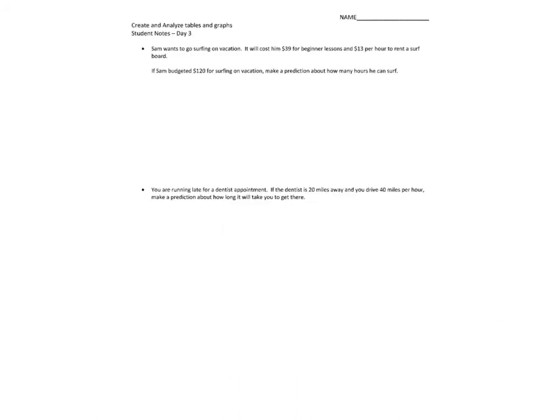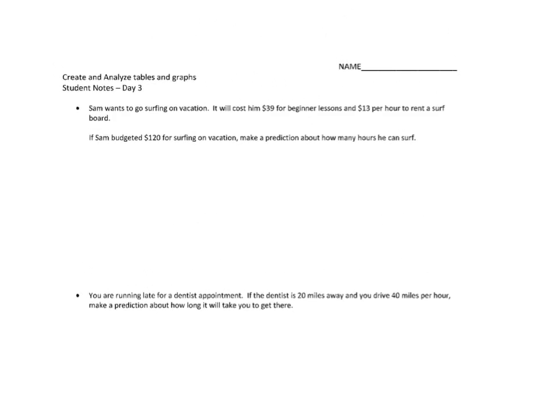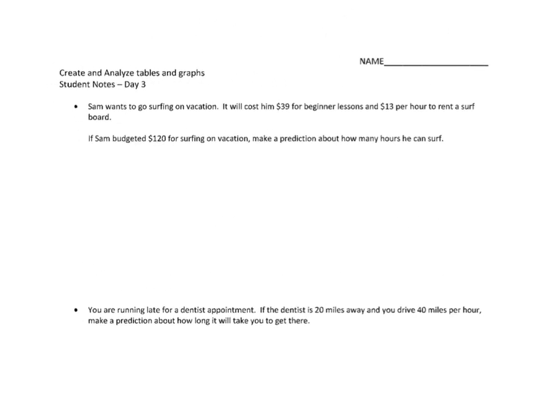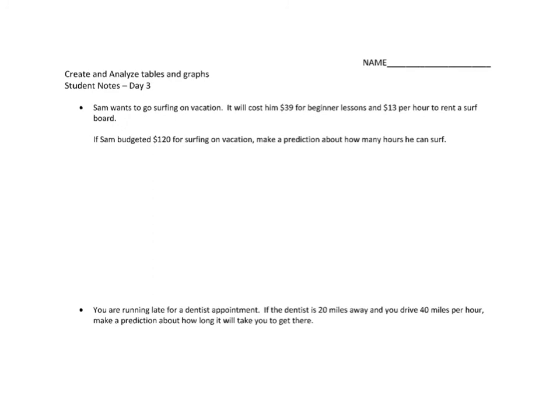All right, and let's look at the back page of our notes. It says Sam wants to go surfing on vacation. It will cost him $39 for beginner lessons and $13 per hour to rent a surfboard. If Sam budgeted $120 for surfing on vacation, make a prediction about how many hours he can surf.